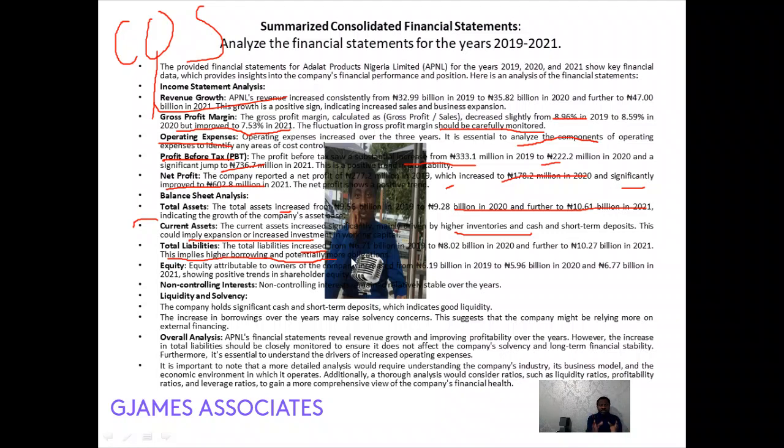So these are the ways you need to answer the case study when it comes to summarization of the consolidated financial statement. And please don't make a mistake if during the exam they bring a unit, an SBU, strategic business unit, which we discussed in part 1. If they bring one of the units' financials to you, please don't analyze it.